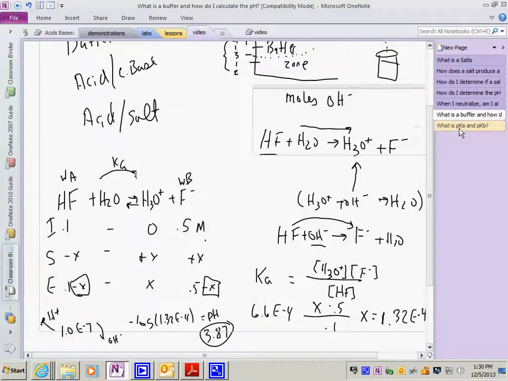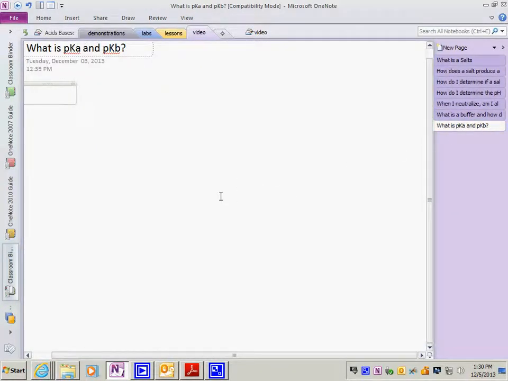What is a pKa and what is a pKb? Well, for the most part, I find that I can do all of my mathematics without even having to utilize pKa or pKb. So, not a huge fan of it, but essentially, let's say the concentration of H plus ions is 1.0 e to the negative third.